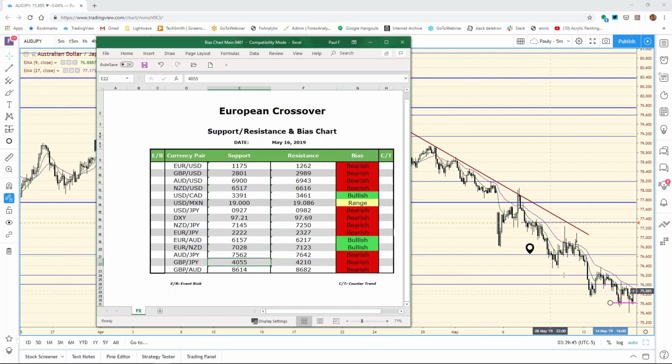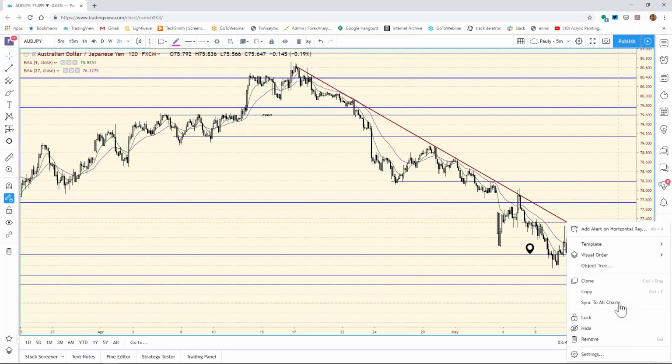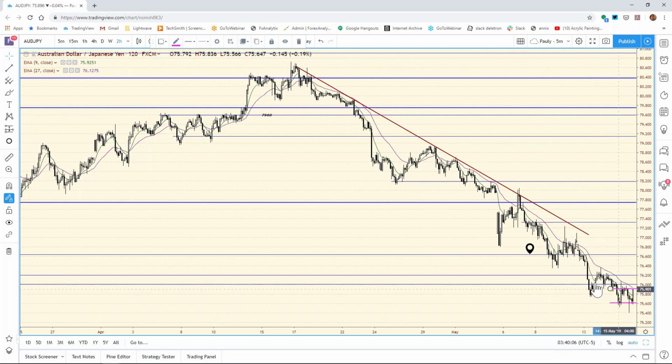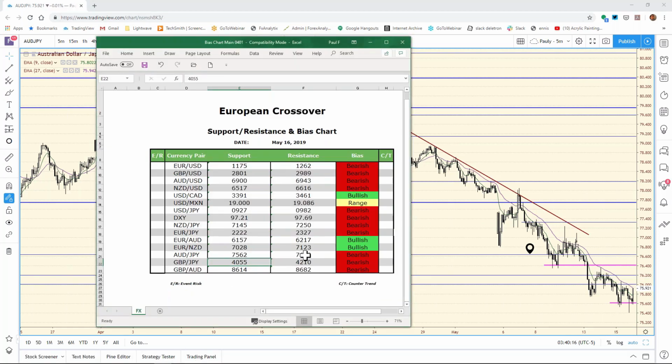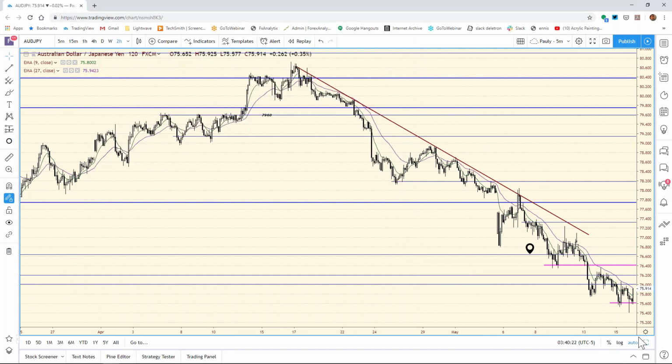And resistance. There's some resistance before, but we're going to give a little bit of leeway. If we do get a little bit of short covering, which is going to come in right there, 76.40. Oh, we already had it, 76.42. We'll keep that there then.